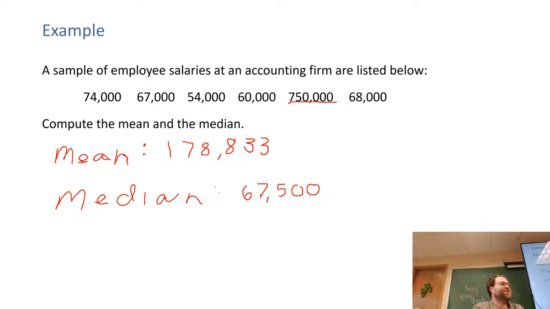That's not the true center of all of the data values. It's actually the 83rd percentile of all the data values instead of the 50th. Any questions about how to measure center?